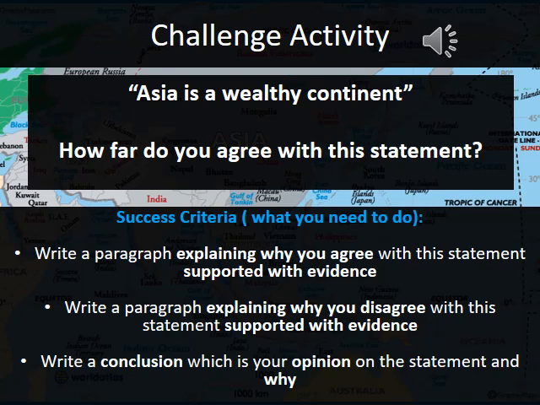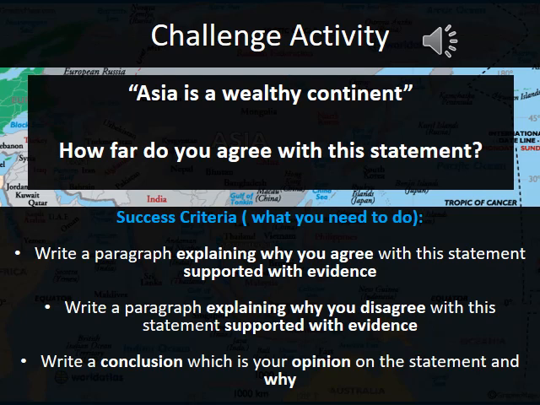The second paragraph, I'd want you to explain why you disagree with that statement and using those sources to find evidence that says it isn't a wealthy continent. And then third paragraph is your conclusion. I want your opinion, your decision on whether or not Asia is a wealthy continent and your statement of why.